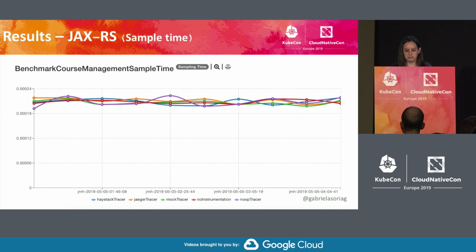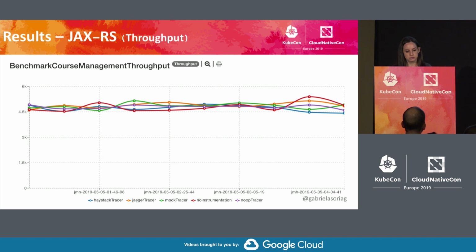The tracer is registered in a global tracer at startup using a listener. And the test consists of a client REST call to get the list of all the courses in a non-instrumented scenario and instrumented with different tracers. And here also, the metrics show no evidence of overhead, as the deltas of sample time and throughput are not representative.